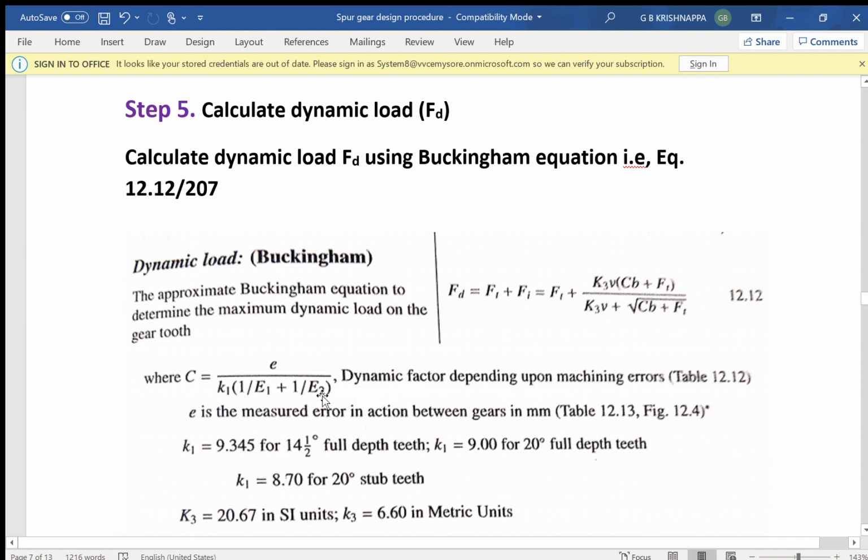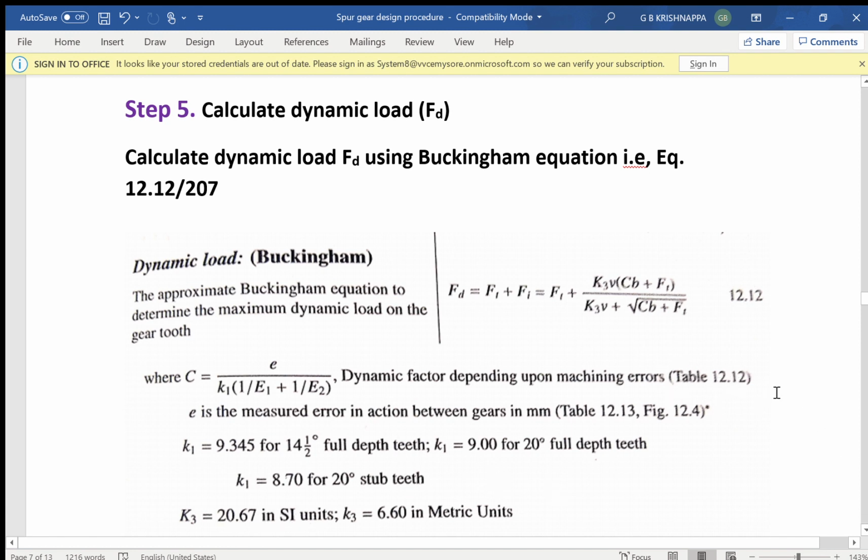This C depends upon machining errors. So E is the measured error in action between the gears. This C value can be taken from table 12.12 or by using this equation you can obtain it. K1 for a different tooth form is given, and this K3 is 20.67 in SI units.